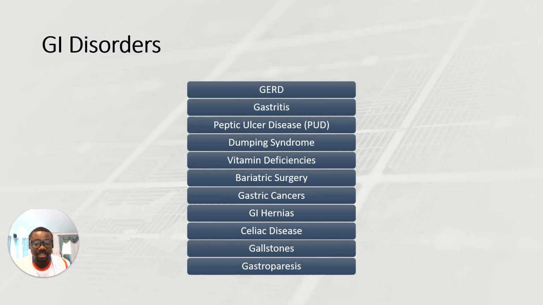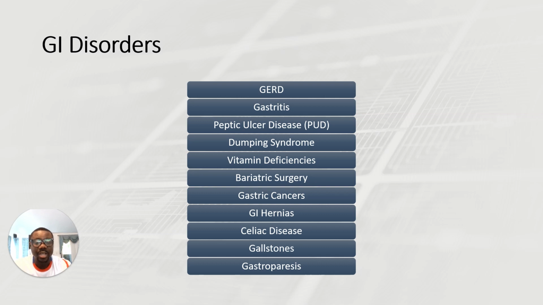Then you have the main GI disorders. Now, these disorders are 90% of what you're going to find in the NCLEX when it comes to GI disorders. You have gastroesophageal reflux disease, GERD. You have gastritis. You have peptic ulcer disease. You have dumping syndrome, which falls under conditions like bariatric surgery.